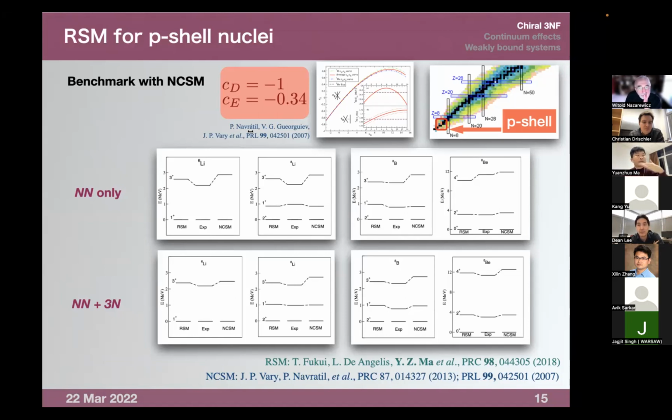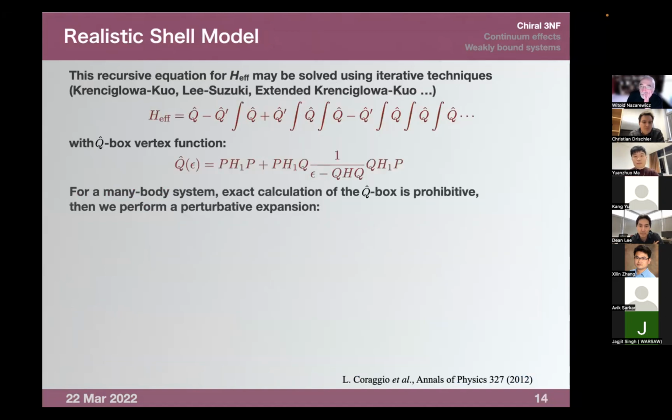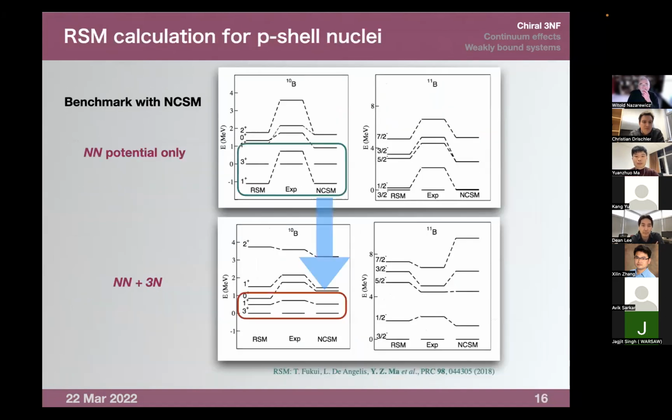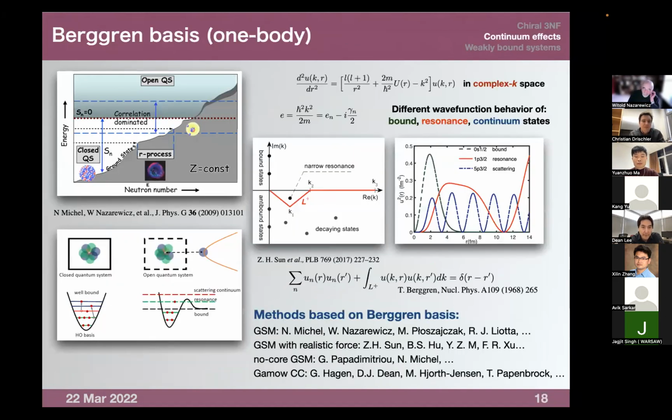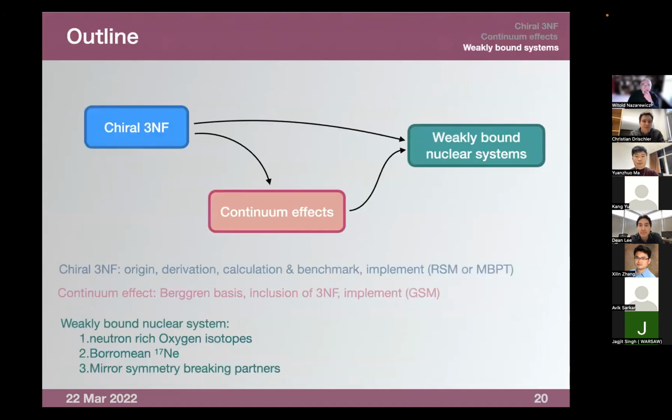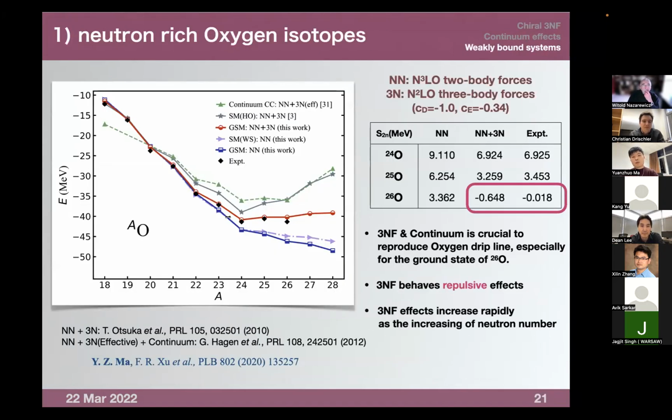For example, in the oxygen, in this work, we just take the universal parameters of the Woods-Saxon potential to get the Berggren basis. Is that your question? I'm not sure.